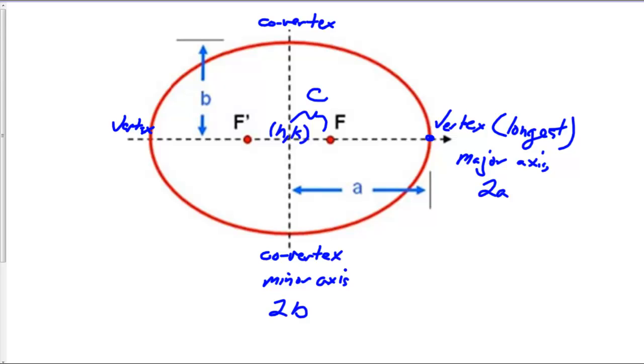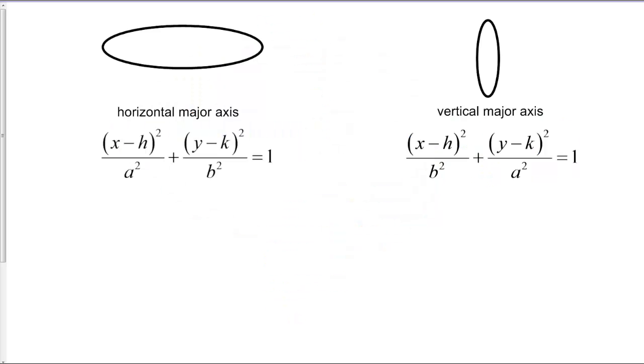If we want to write an equation for the ellipse, we can do so in the following manner. For an ellipse with a horizontal major axis, in other words, kind of laying long, we have (x minus h) squared over a squared plus (y minus k) squared over b squared equals 1.